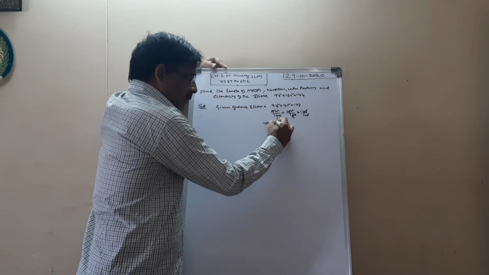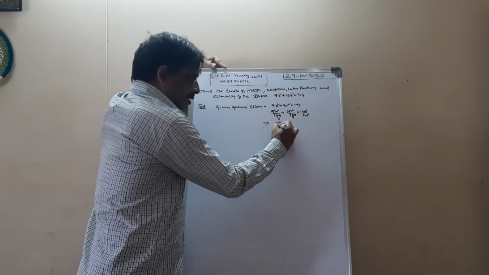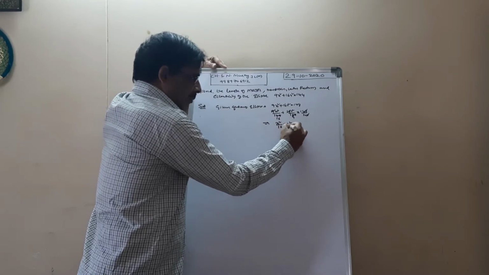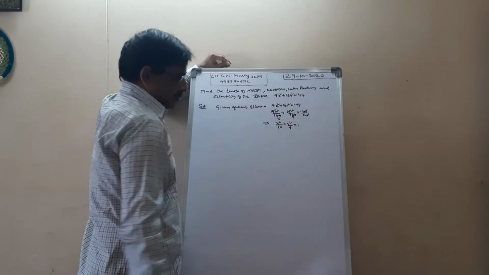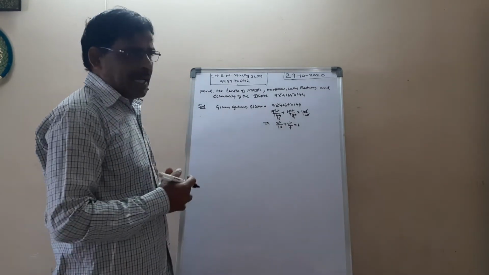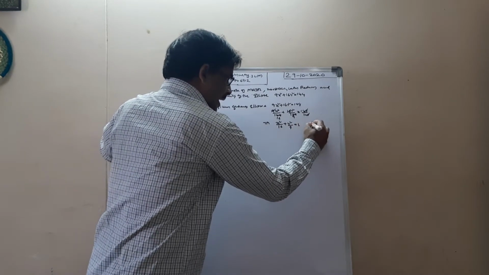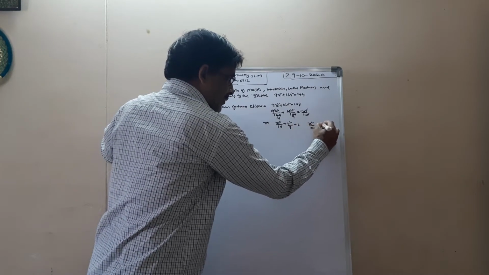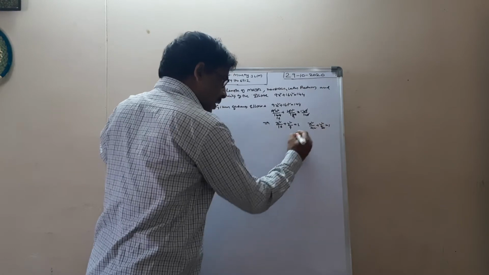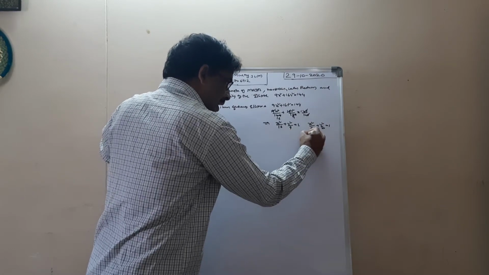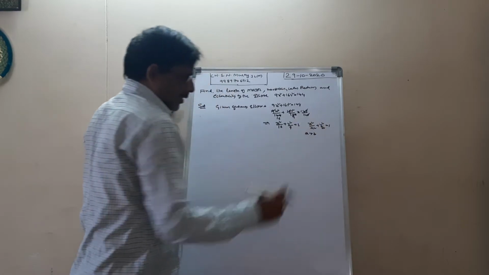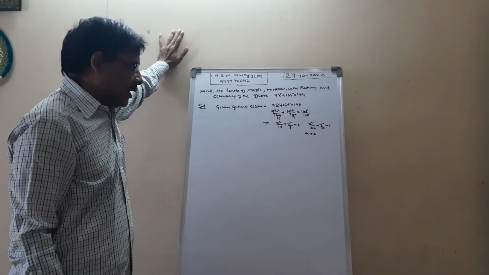Then our ellipse is x square by 16 plus y square by 9 equal to 1, which is in standard form. It is of the form x square by a square plus y square by b square equal to 1, and also here a is greater than b.